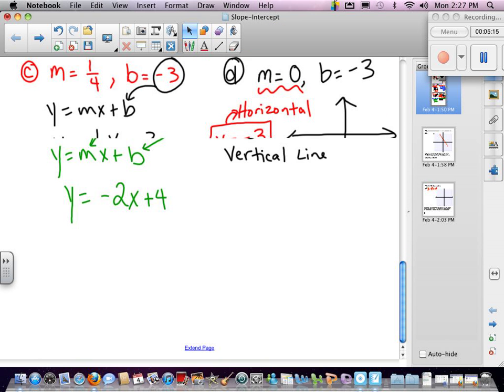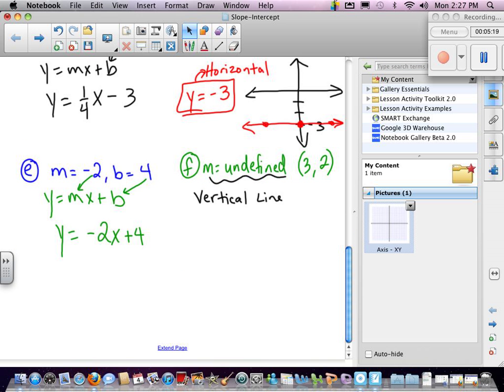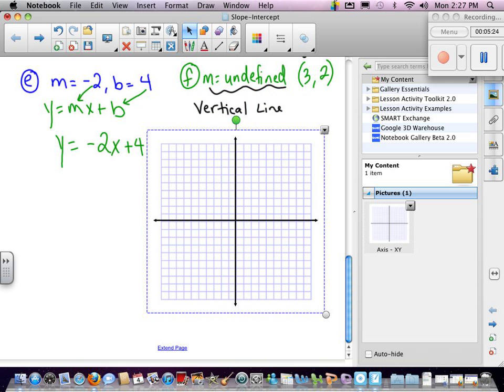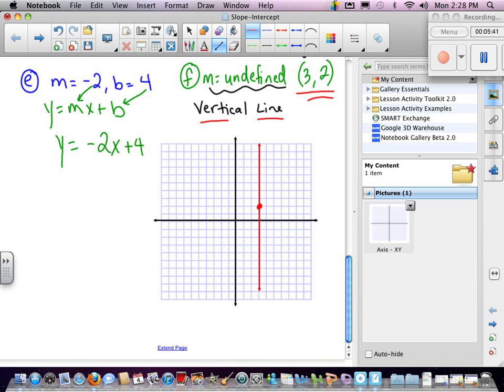And for this one, I'm actually going to get a graph up here so that we can look at this a little bit better. All right, let's go ahead and pull this down. I know we go through the ordered pair (3, 2), so I'm going to go ahead and put a point there, (3, 2). And we said it was a vertical line, so we're going to have the vertical line that goes through that ordered pair (3, 2). So we go there, right?